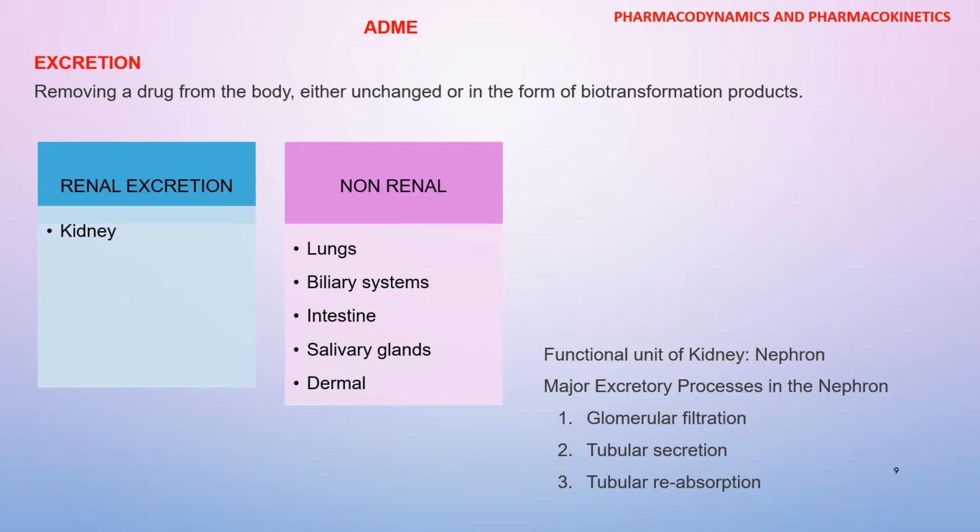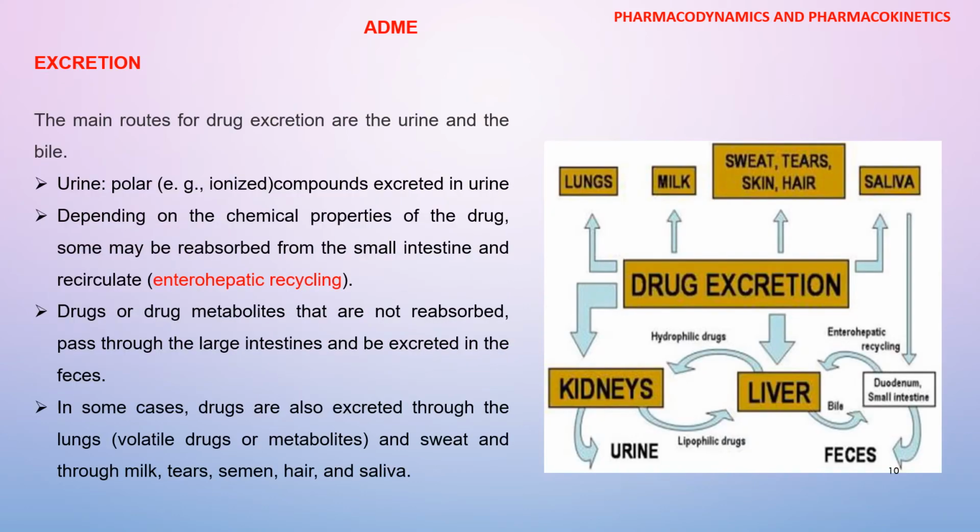Excretion process in the kidney involves glomerular filtration, tubular secretion, and tubular reabsorption. Since you are familiar with these processes, I would not go into detail. The main excretion route is by means of urine and bile.